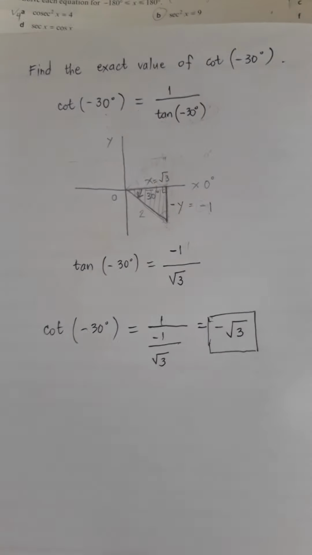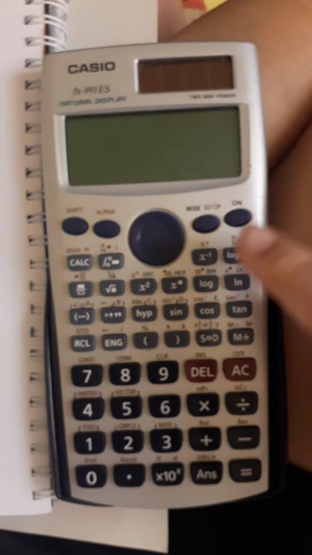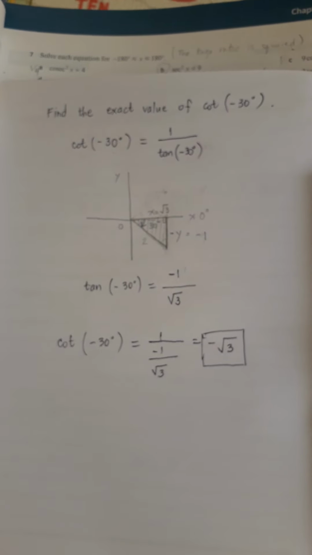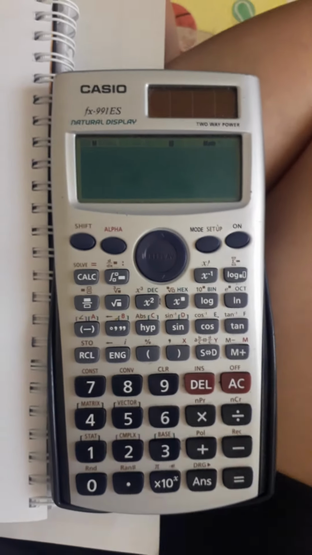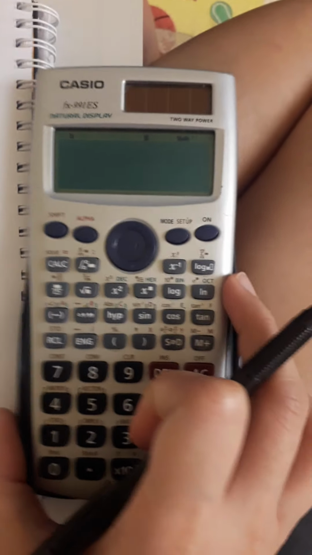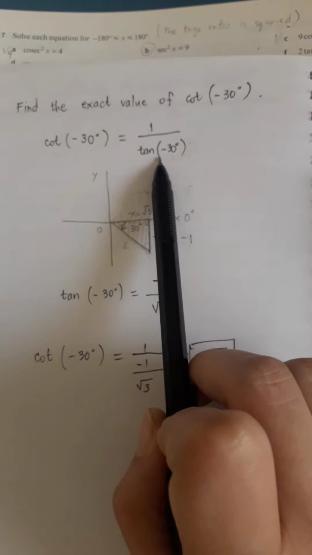Let's check using the calculator if we got it right. Let's see if cotangent of negative 30 degrees is really negative square root of 3. I don't have cotangent here, so I will use, again, the reciprocal relationship, which is this.